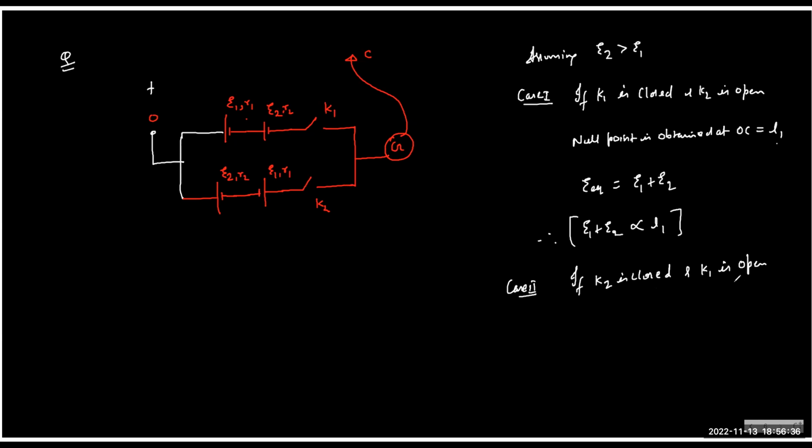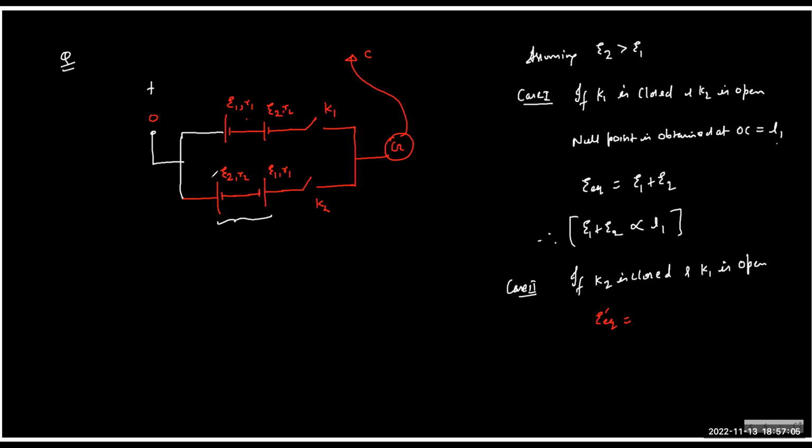If K2 is closed and K1 is open, what is the net EMF across O to C? Is the equivalent E1 plus E2 proportional to L2? No. You can see closely these have opposite polarity, so we take the left one as main.